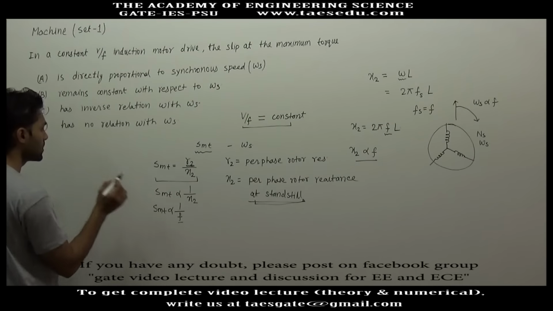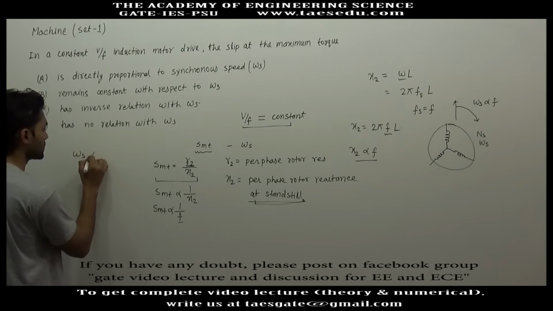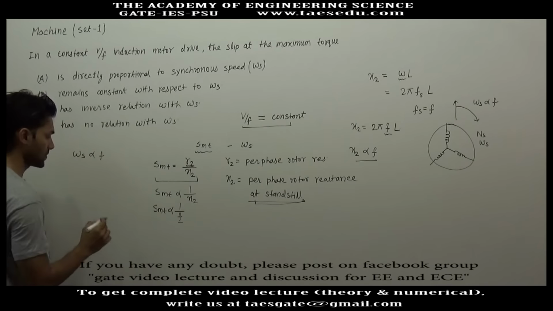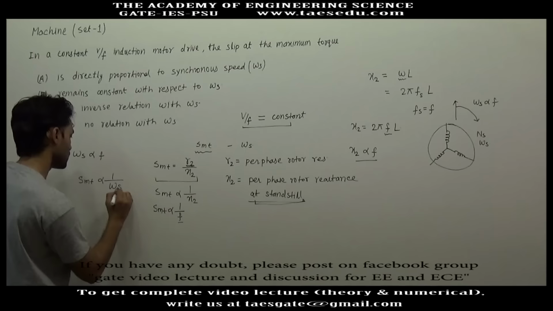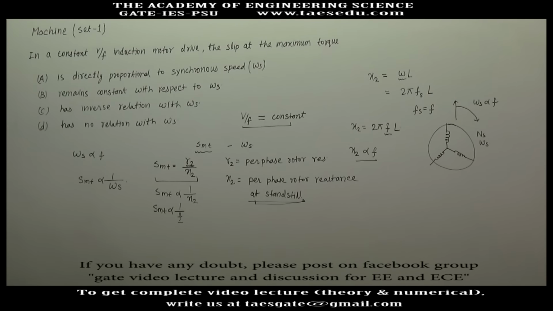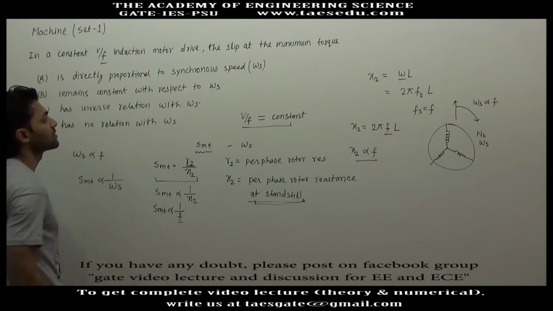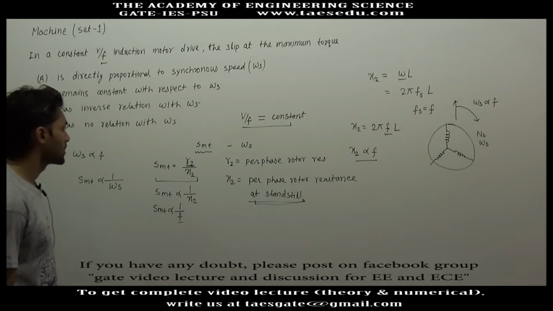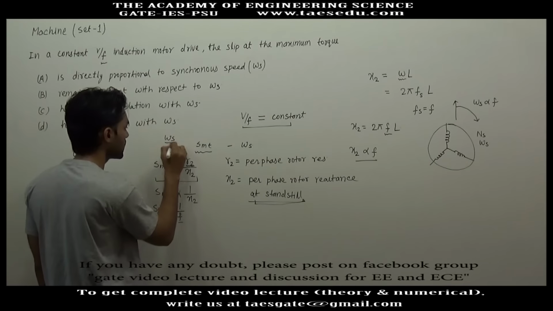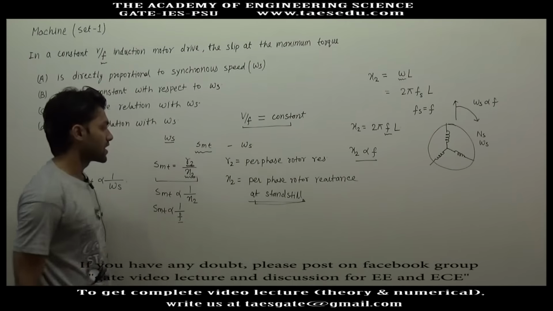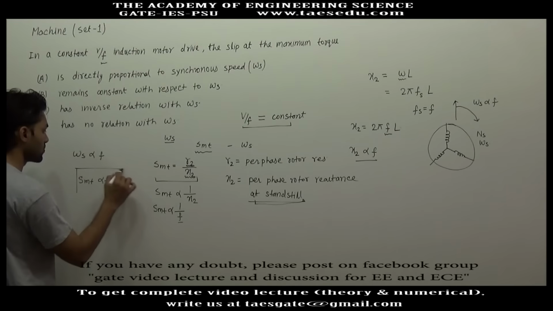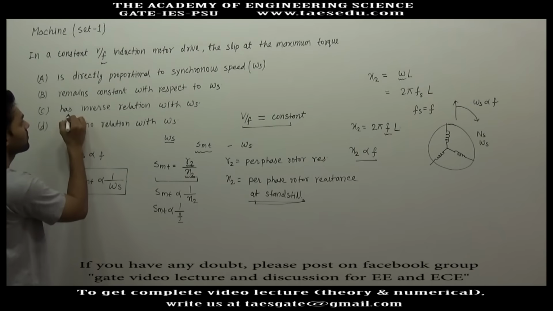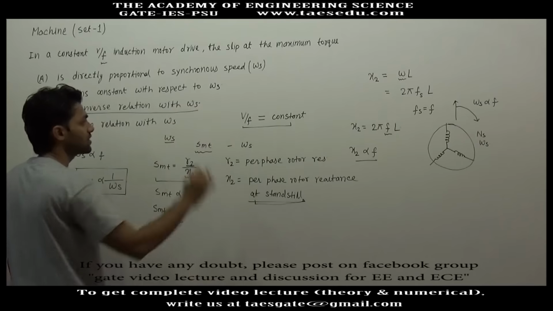Now synchronous speed is directly proportional to frequency, so SMT will again be inversely proportional to synchronous speed. In V by F control, supply frequency is varied, accordingly synchronous speed will vary, and accordingly rotor reactance at standstill will vary. So the slip corresponding to maximum torque will have an inverse relation with the synchronous speed.